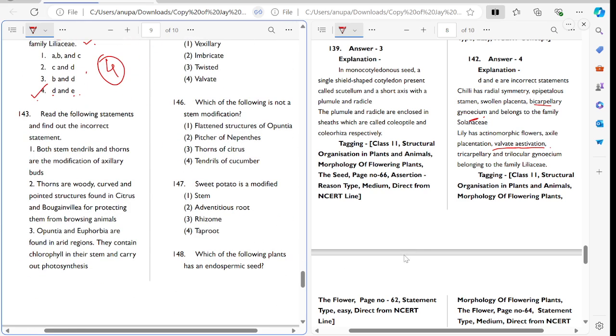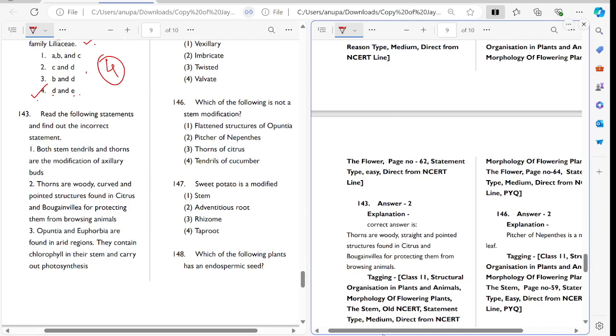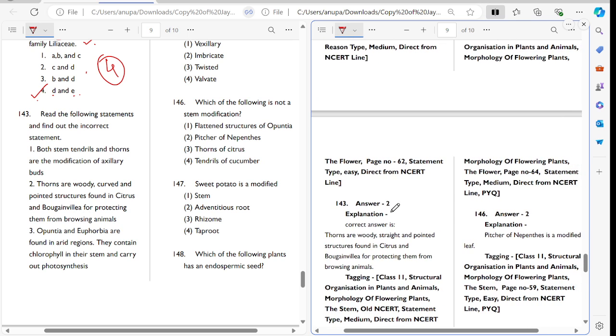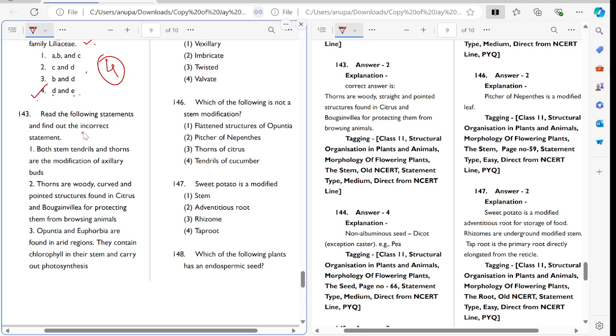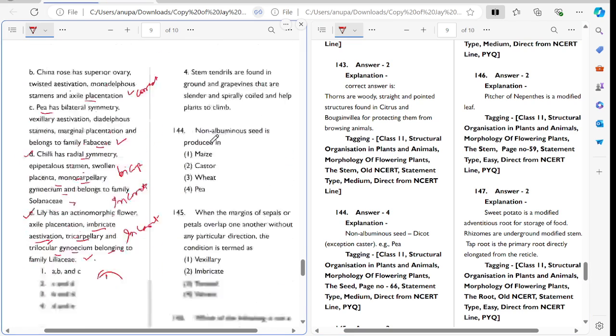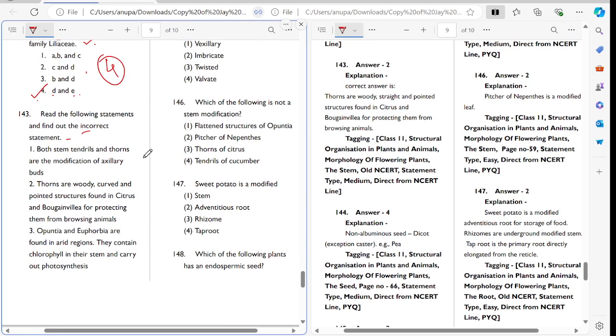That's question number 143. Question number 143 is also a statement based question and we have to find out again the incorrect statement. Here statements 1, 2, 3 and 4 are given and we have to find out which statements are incorrect. Now let's read the statements.